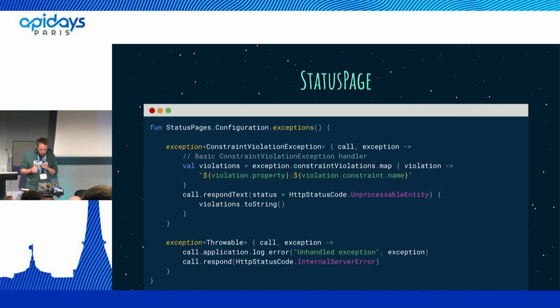In this extension function, I'm going to define that every time there is a constraint violation exception, I'm going to catch it and send a proper response with a status code like unprocessable entity, with some details about what went wrong with this exception. Or you can do a wider thing and catch all the throwables in your application and respond that there is an internal server error and something went wrong, but with no particular reason.